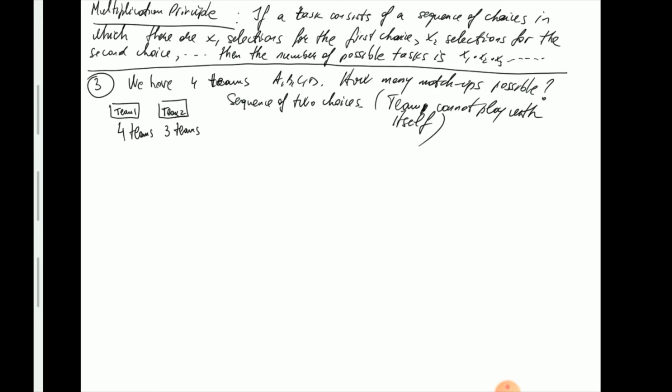So the number of selections depends on the obvious assumption that a team cannot play with itself. One has to be careful how we count these possibilities, right? Any 2 teams can play with each other. So the first team in the game can be any of the 4 teams, and then that team can play with the other 3. And you may say, okay, good, then I have 4 times 3 equals 12 possible matchups. But is that really true?